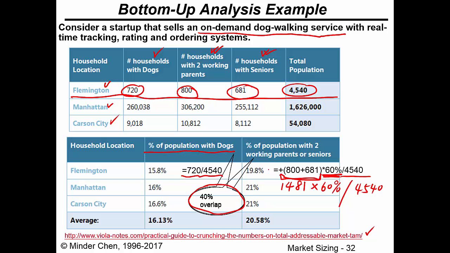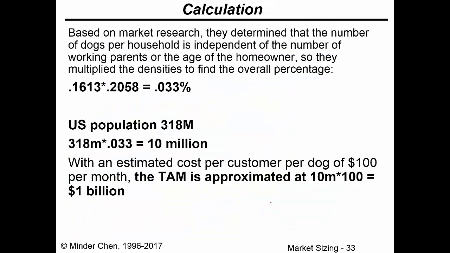That ends up to be about 20% here. I'm just using this number to do a quick calculation to show how this percentage has been derived. With these three cities, we can come up with an average, and then we use this average in calculating the nationwide data.